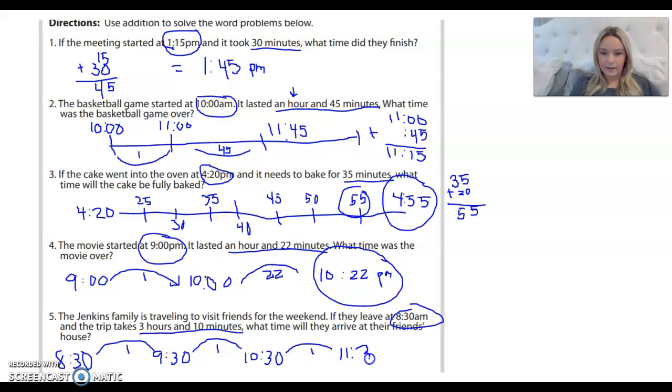Now am I done? Nope, I still have this 10 minutes. So easy peasy. I'm keeping my 11th hour because we're not adding hours anymore. Now we're adding minutes. So 30 plus 10 is 40. So 11:40 a.m. is when they're going to arrive at their friend's house.